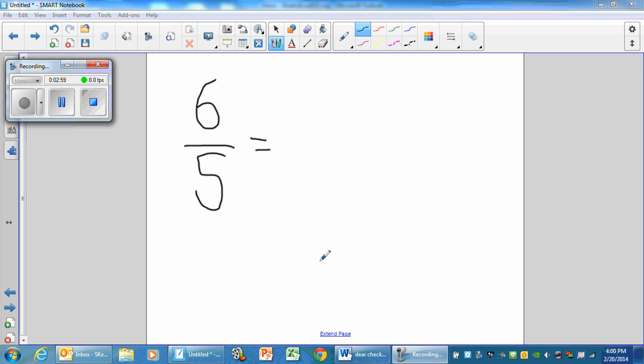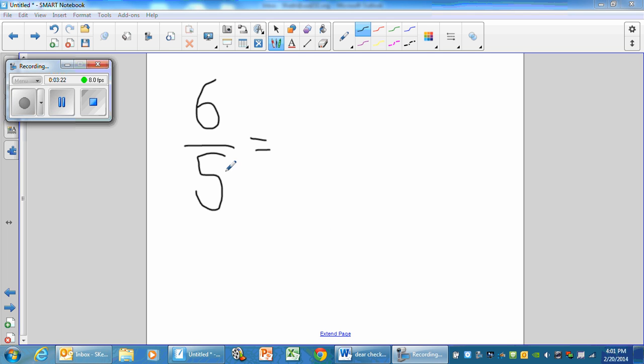Okay, so let's make up one with 6/5. So now I'm not even going to give you the unit fraction. I want you to try to think about what the unit fraction should be. So if we want it to be 6/5, what multiplication sentence could we come up with to have the product be 6/5? So as you think about that, what unit fraction would go with 6/5?